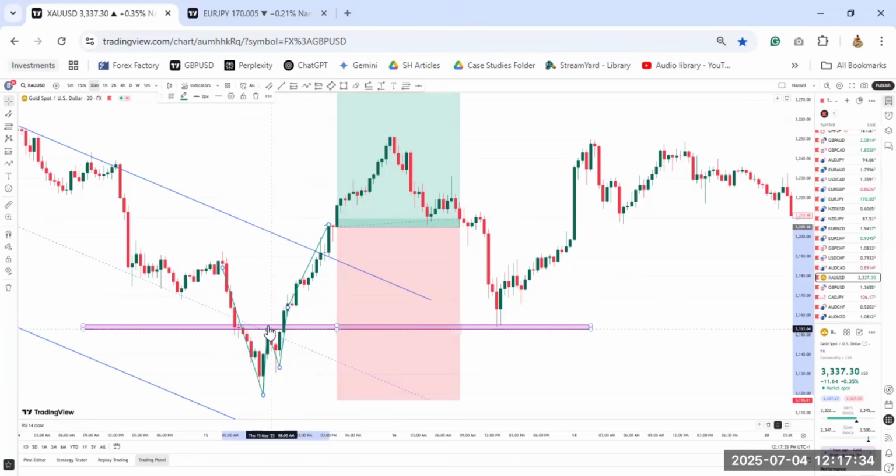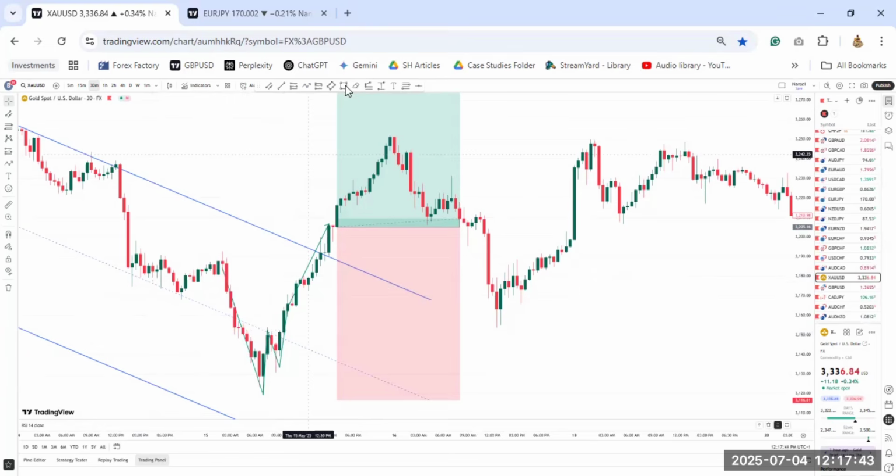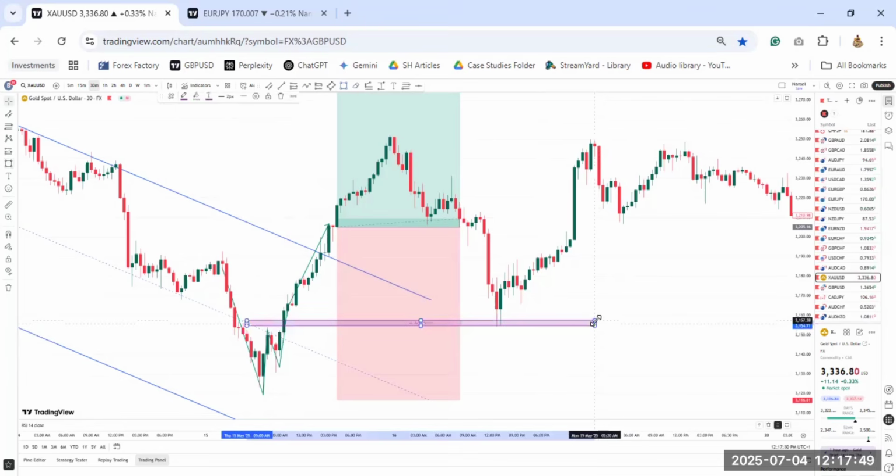You are going to wait for price to pull back to this level. That is the reason why I am using the rectangle tool. At this neckline, you wait for price, and you will take your entry once price gets to that level. So we are going to take our entry upon reaching here.